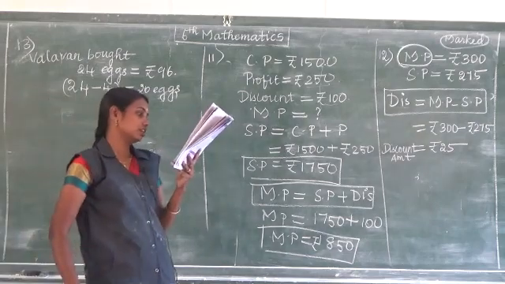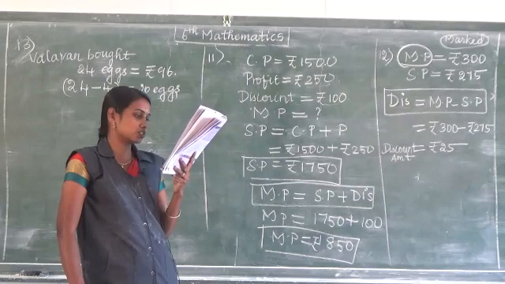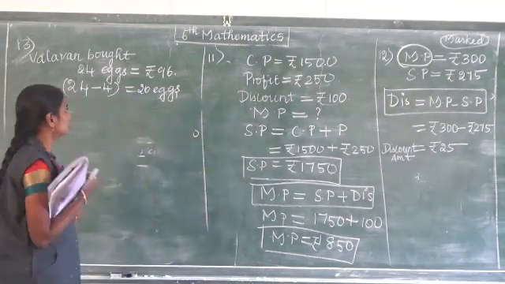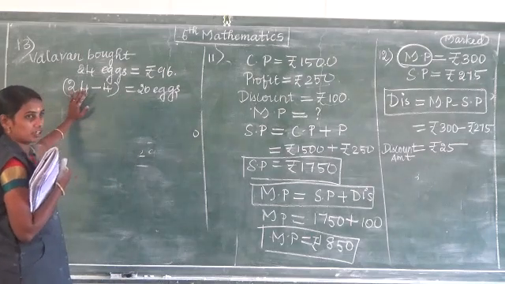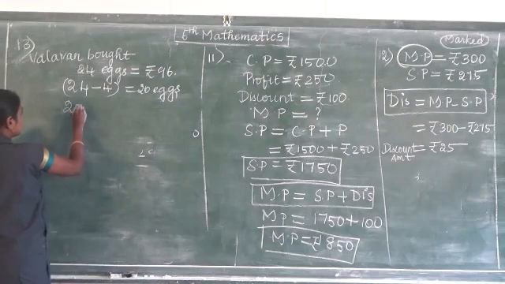And he had a loss of rupees 36 on selling them. He sold those 20 eggs. Four eggs already broken means how many can he sell? 20 eggs only.